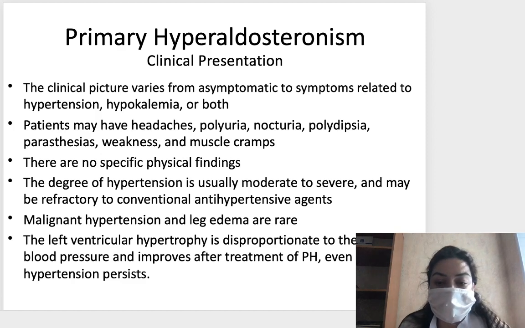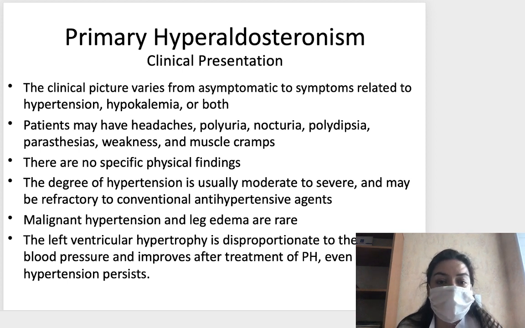Clinical presentation of hyperaldosteronism. The picture varies from asymptomatic to symptoms related to hypertension, hypokalemia, or both of them. Patients may have headaches, polyuria, nocturia, polydipsia, paresthesias, weakness, and muscle cramps. There are no specific physical findings.